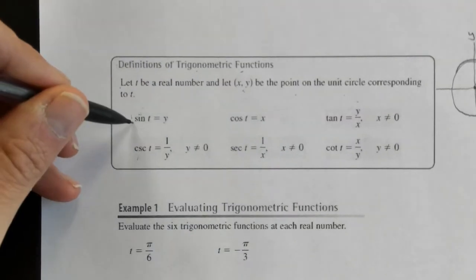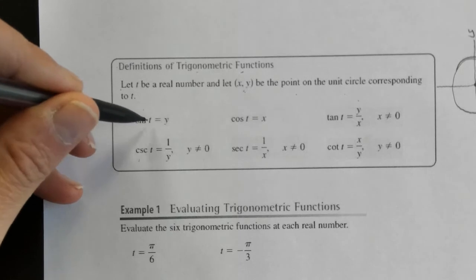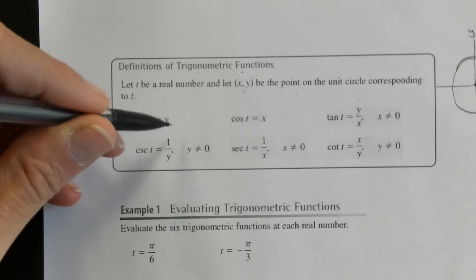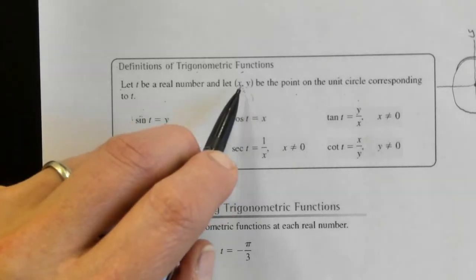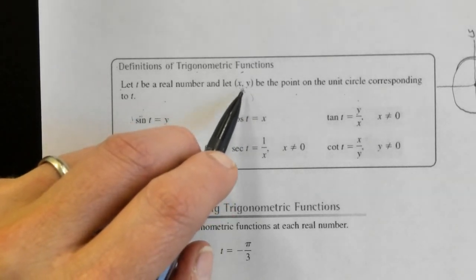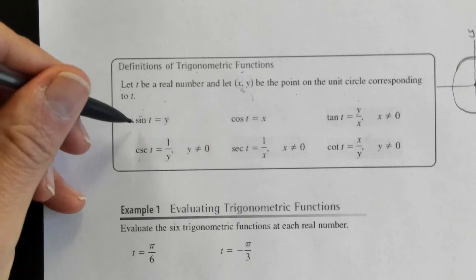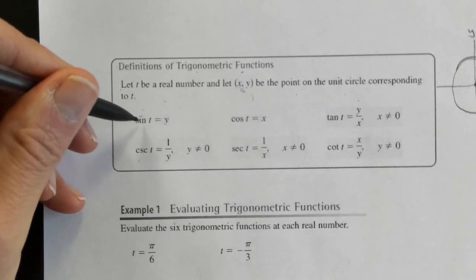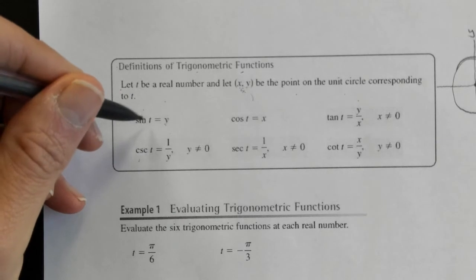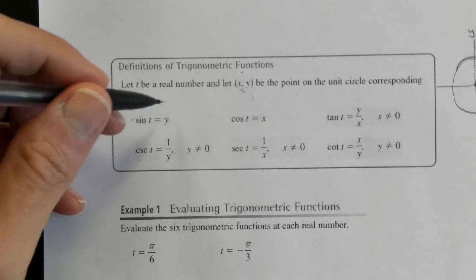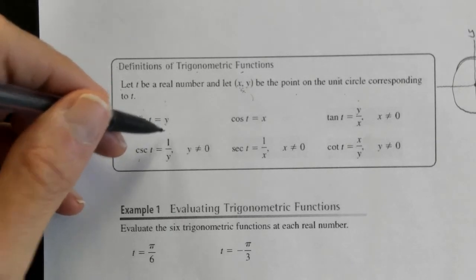Like, for example, what we learned last time is that the sine of the angle equals opposite over hypotenuse. Well, here, when it's defined in terms of the coordinates of the point on the unit circle, the equation is sine t equals y. Well, how come it's different? What happened to the angle equals opposite over hypotenuse?